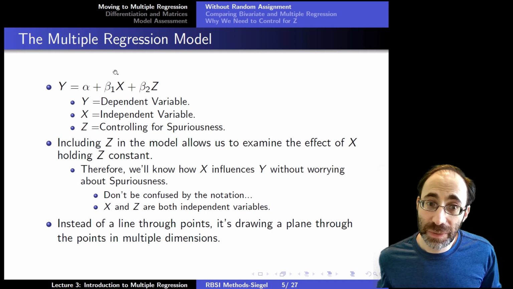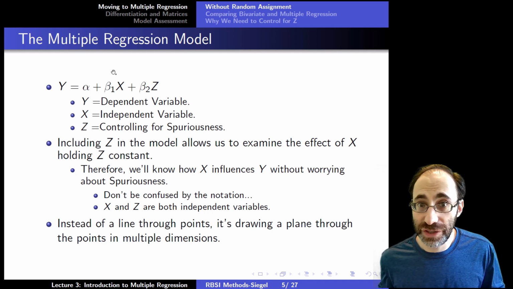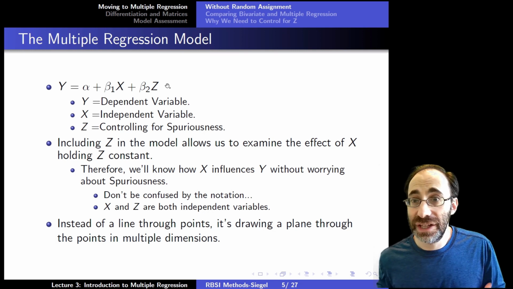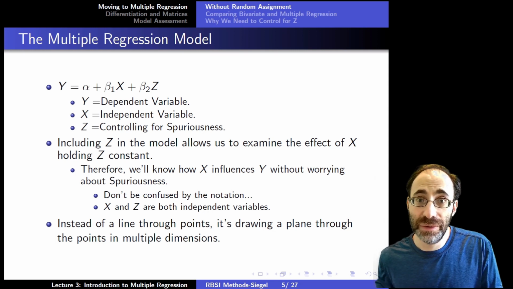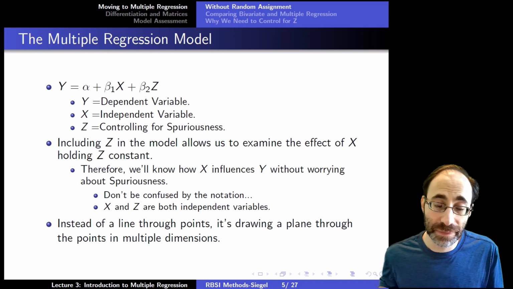The only difference here is we now subscript beta with a 1 to let us know it's the first coefficient corresponding to the first independent variable. Now we add a second independent variable, z, and this z is the variable that we think could possibly be leading to spuriousness in our model.